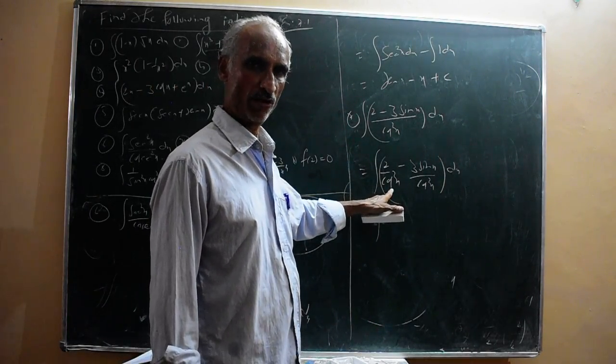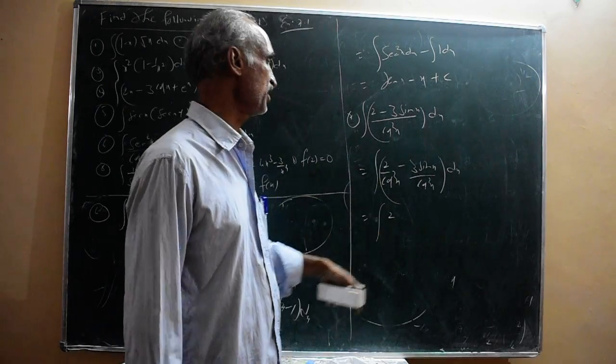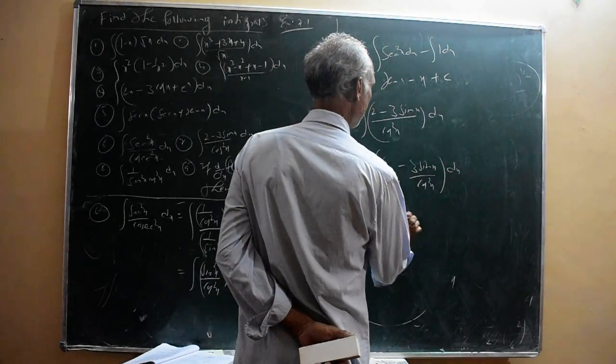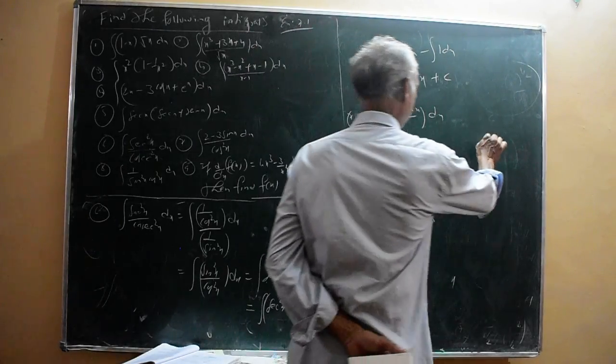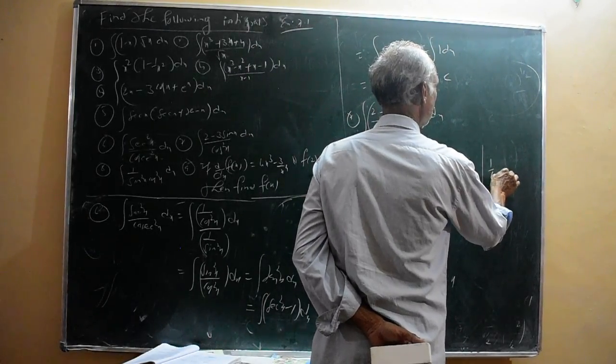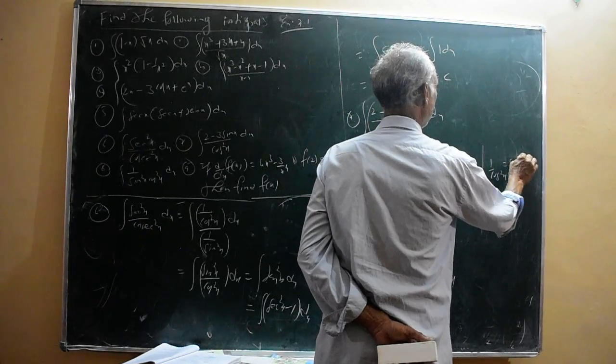Trigonometry formula: 1 by cos is sec, therefore 1 by cos square x is sec square x. Minus 3 sin x by cos square x.